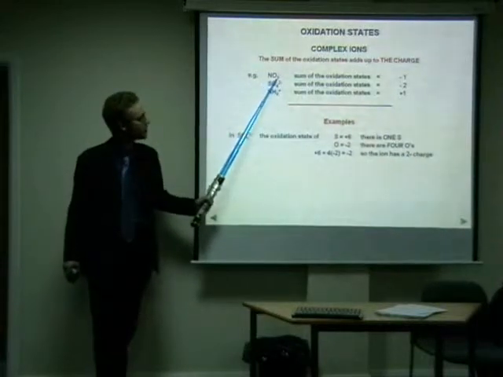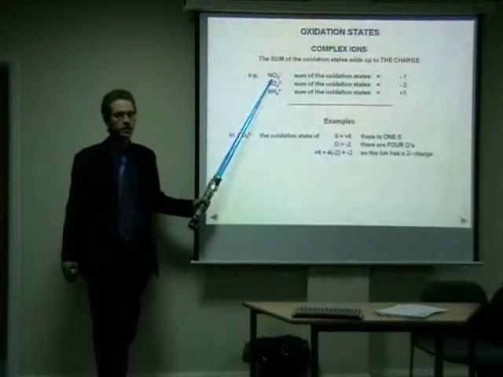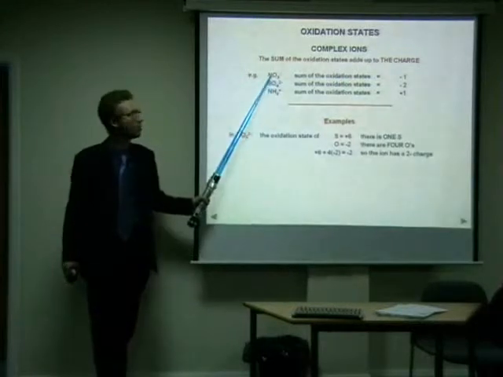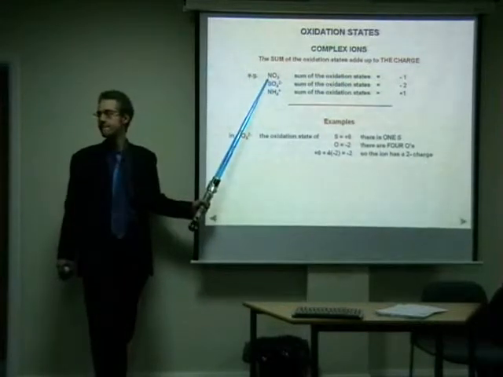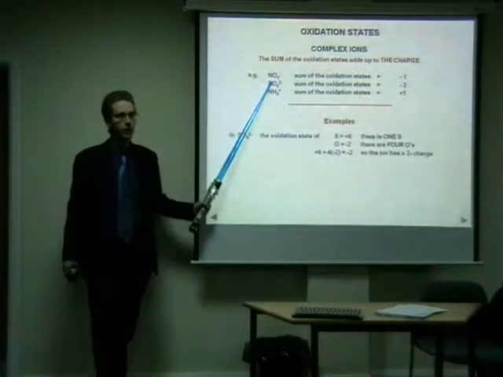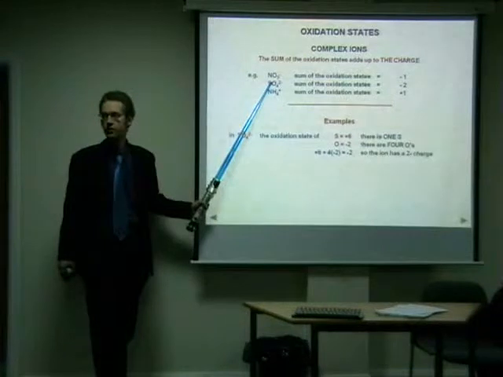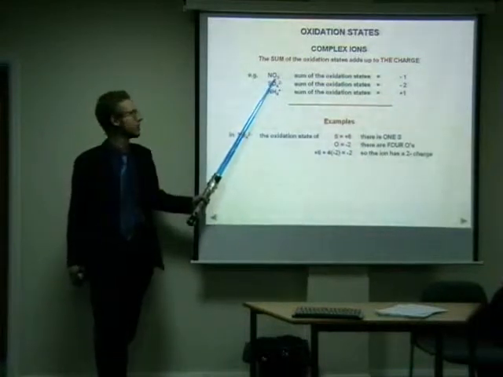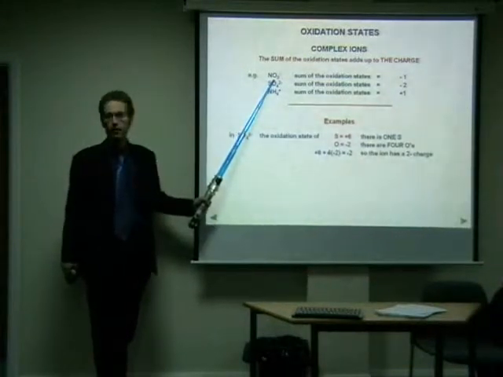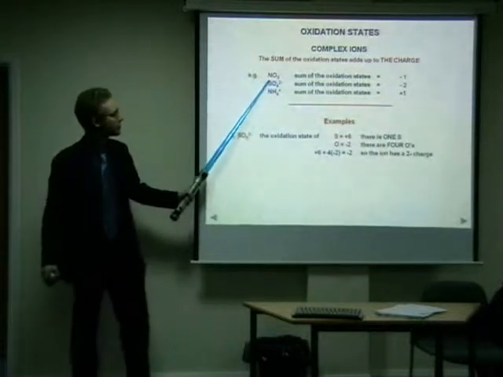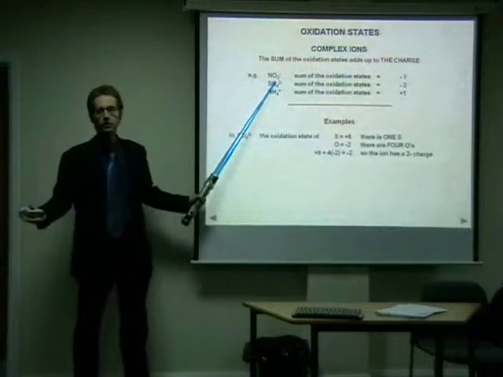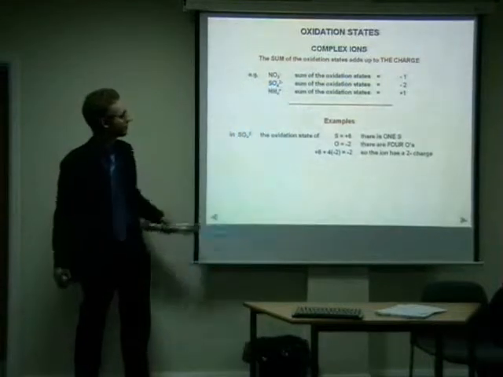If oxygen's -2 and the sum of the oxidation states is -1, what's N there? +5. Absolutely standard AS Module 2 question. What's the oxidation state of nitrogen in NO3-? And the answer's +5. If we think about it, +5 minus 6 equals -1.